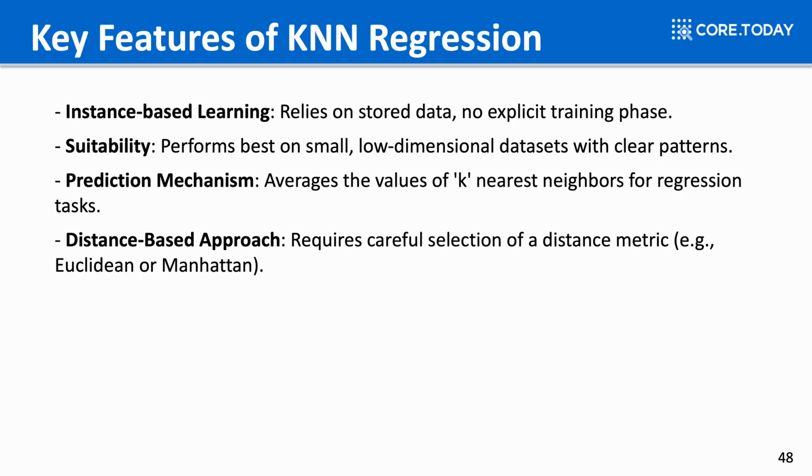For regression, it predicts by averaging values of k nearest neighbors according to a chosen distance metric. The choice of k and the scaling of data significantly affect its performance. While simple, KNN can struggle with larger datasets or high-dimensional spaces due to computational inefficiencies.